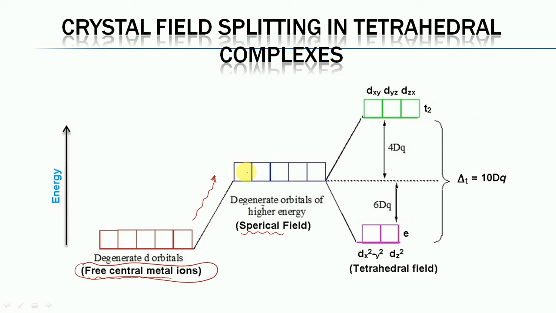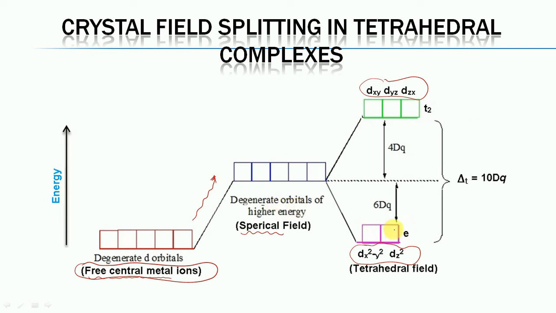So again the d orbitals are degenerate at this stage, and finally, as the ligands approach the central metal ion in between the three axes, x, y and z, the energy of these three orbitals is raised, and at the same time the energy of these two orbitals, which lie along the axes, decreases.